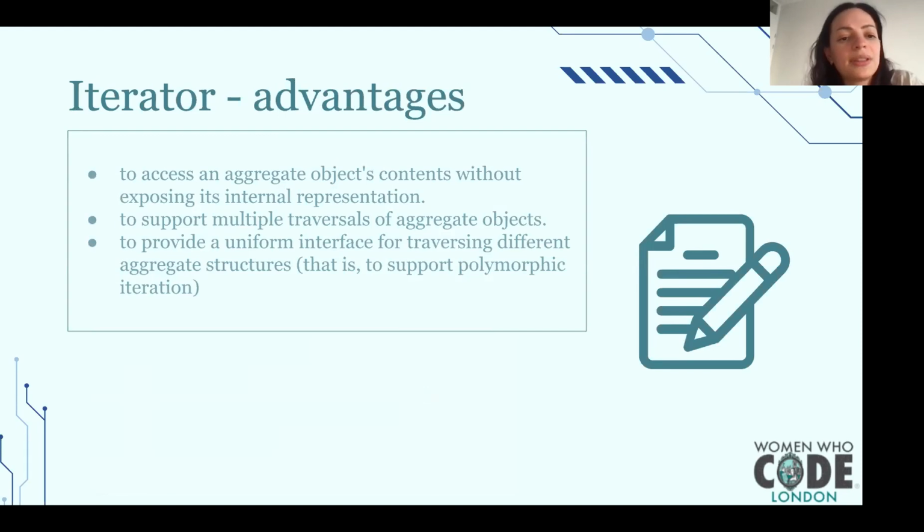So what are the advantages? You can use an Iterator if you implement some map interface and you would like to provide the next step for your traveler. So the traveler just needs the next method, and that's it.